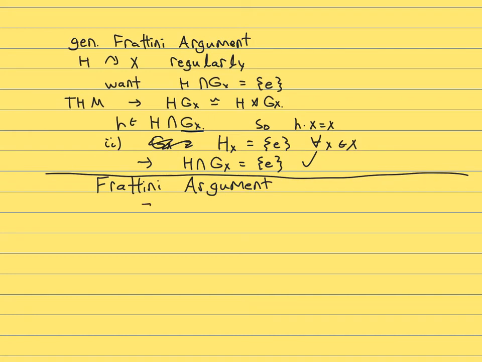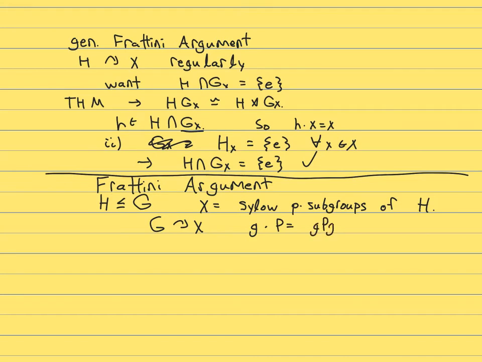Namely, you take a group G and a normal subgroup H, and you let X be the set of Sylow P-subgroups of H. And you let G act on this set in the natural way by conjugation.